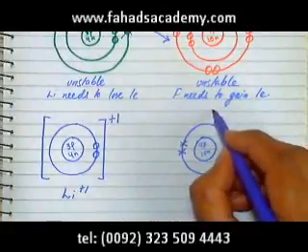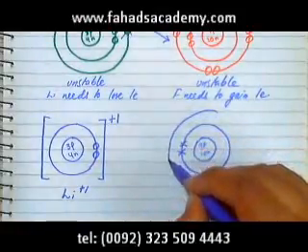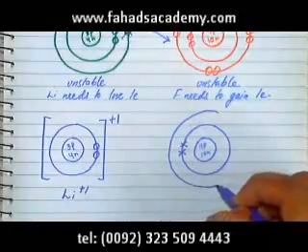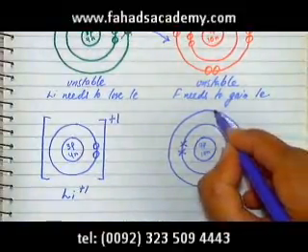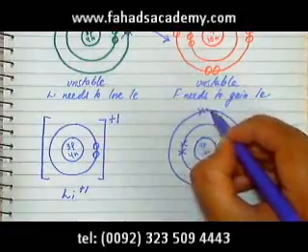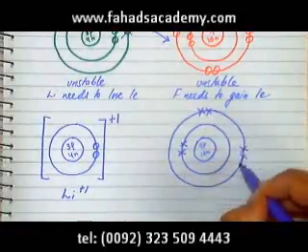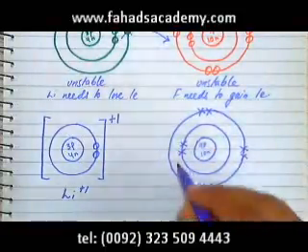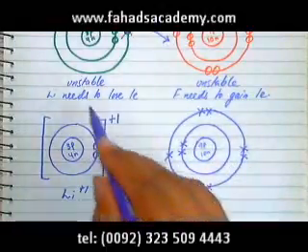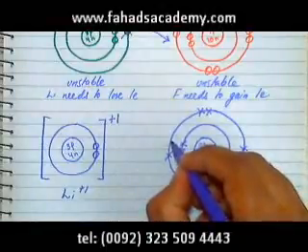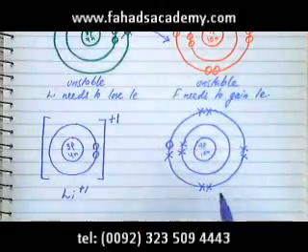So there are 2 electrons in the inner shell, and there are 7 electrons. There were 7 electrons in the outer shell, but what happens is one of the electrons that lithium lost has now been used to stabilize fluorine.